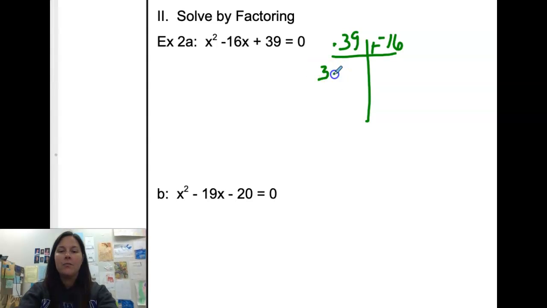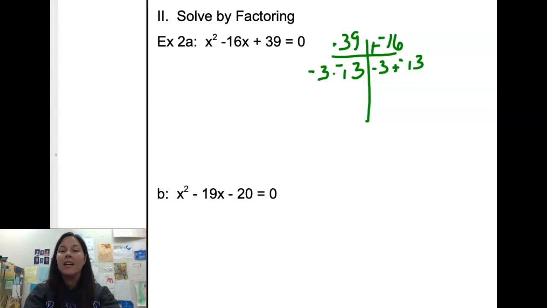So I am thinking 3 times 13 is my better bet because that does add to 16, but it's positive. So to multiply to that positive and add to a negative, I'm going to make both of those numbers negative because then a negative times a negative is positive, and negative 3 plus negative 13 does give me that negative 16 that I was going for.